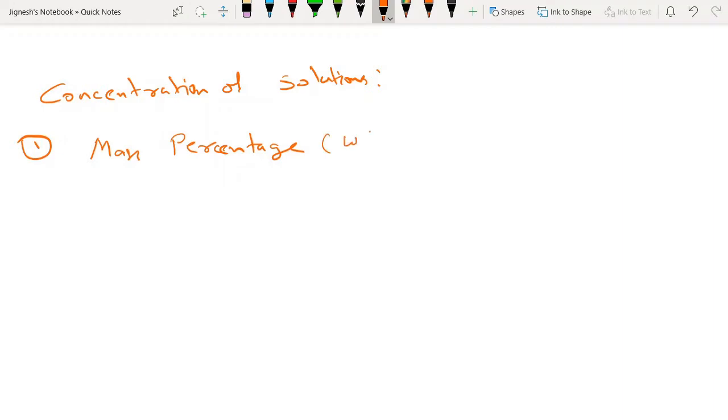It is denoted by W by W percent. The mass percentage of a component is defined as: mass percent of component is equal to what?